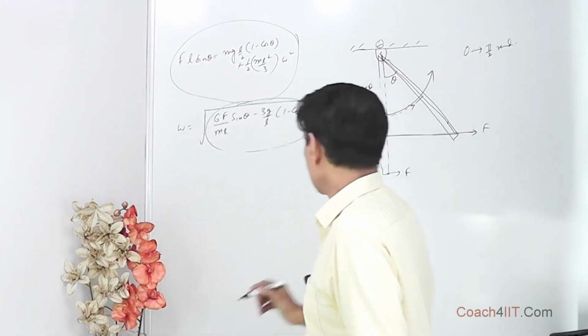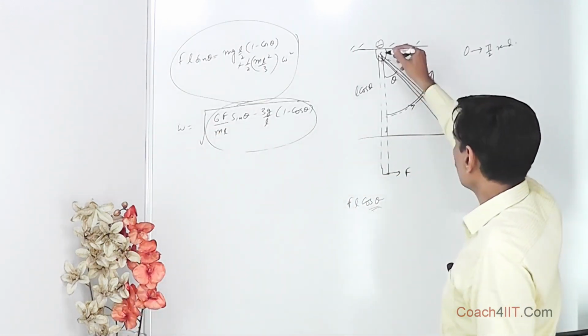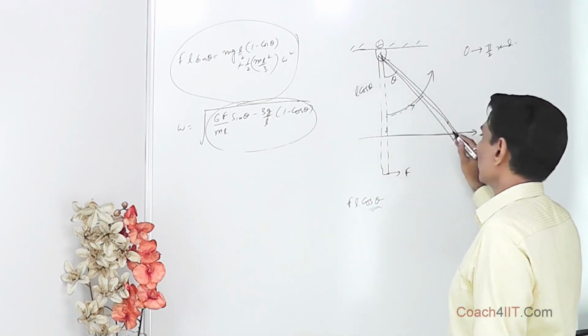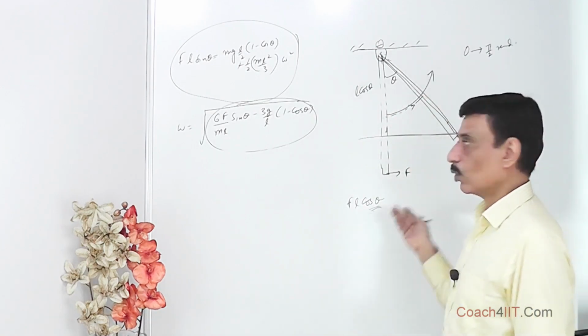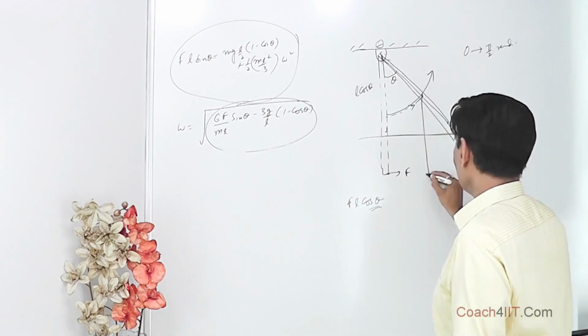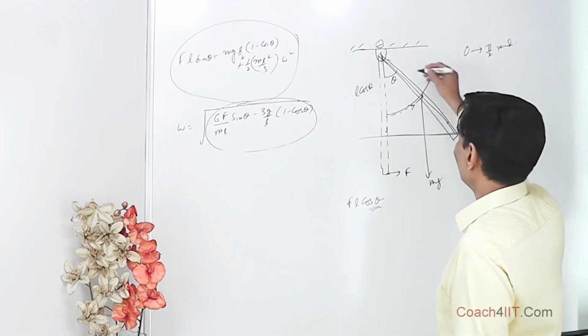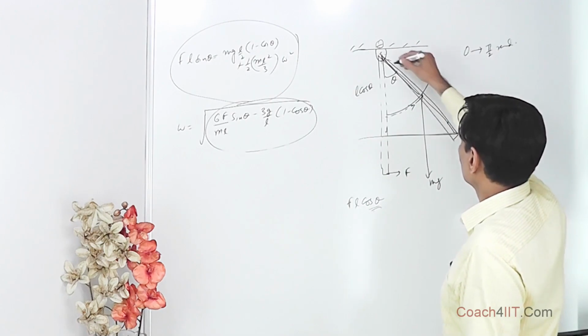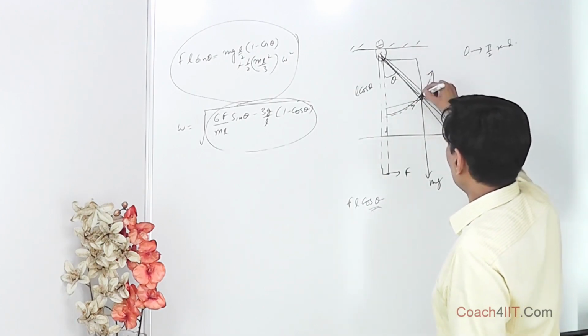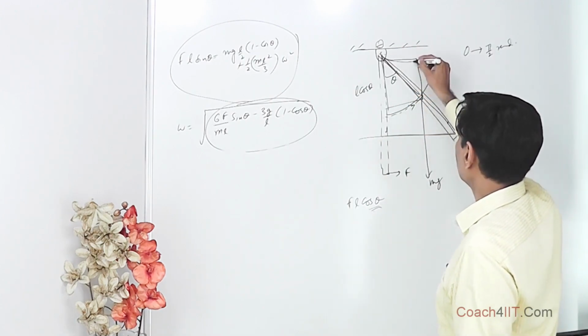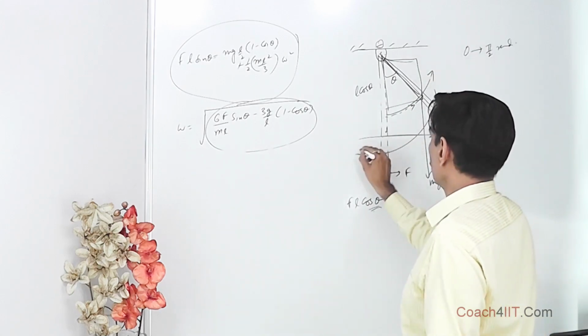So it means the torque of this force about this axis is reducing as theta is increasing, whereas for the torque of this mg at this instant, this is L by 2, this is L by 2 cos theta, this is L by 2 sin theta, and this torque of mg will try to rotate it this way.